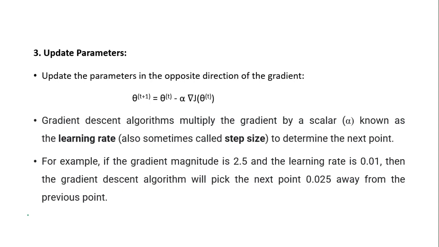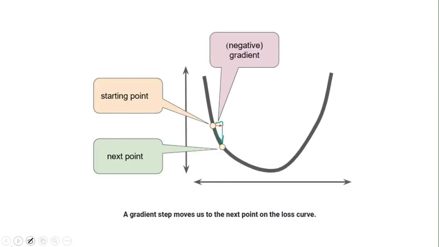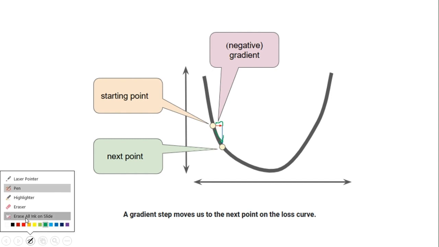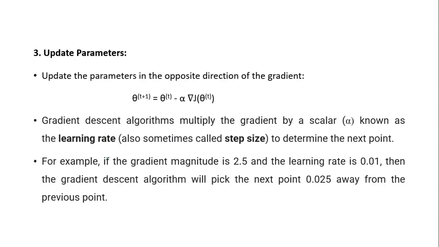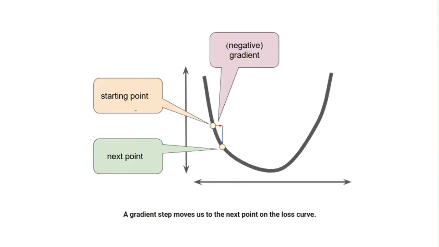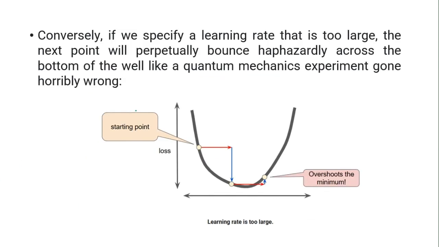Now I think you understood the point. The concept is simple: we need to get a new theta value by using this update equation. Now, if you vary the alpha value, assume that you are giving too large an alpha value.